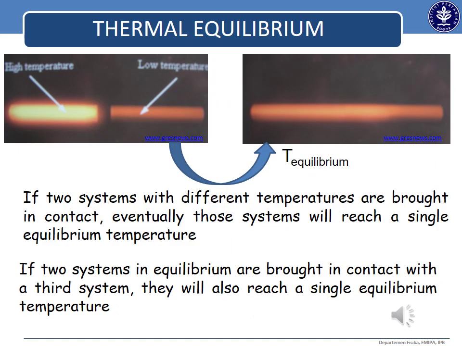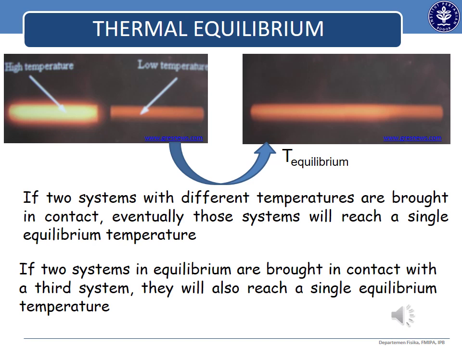Thermal equilibrium. If you see this picture on the left side, you have two objects. The first with the higher temperature and the second one with the lower temperature. If those two objects with different temperatures are brought in contact, eventually after some time, those two objects will reach a single equilibrium temperature.